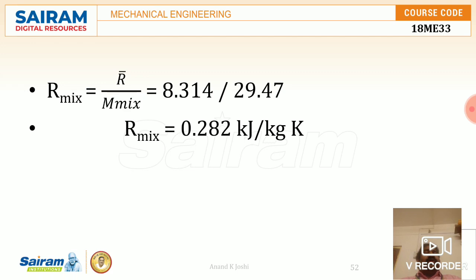Both answers are the same. Either you keep it in kilojoules per kg Kelvin, or simply write 282 joules per kg Kelvin. That is also a correct answer.